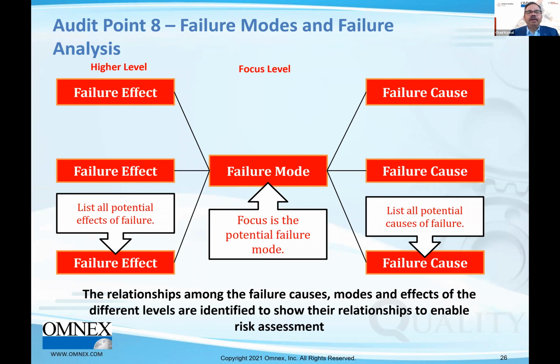Then we have failure modes and failure analysis. Remember I said the failure mode at the focus level is caused by failures at the lower level or the focus level. Remember, we want to improve the design at the focus level too. But if it's other than Omnex, you're only going to hear lower level, lower level.